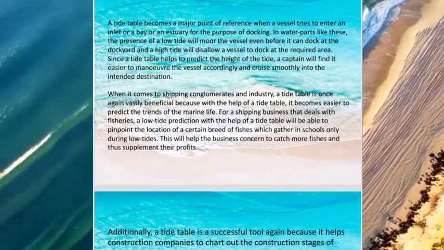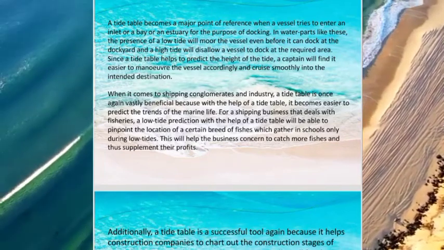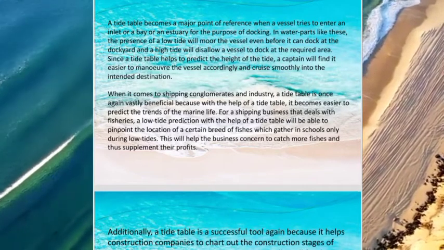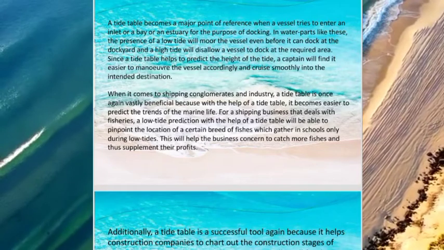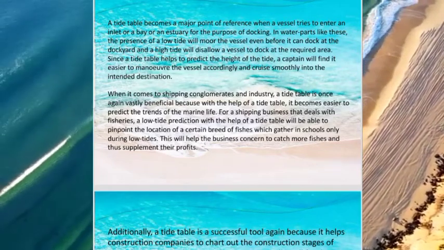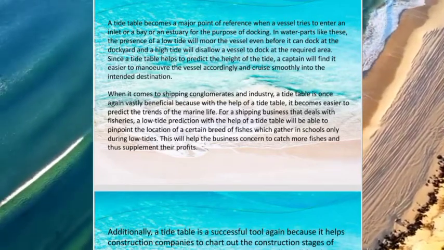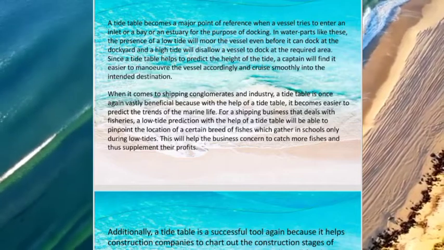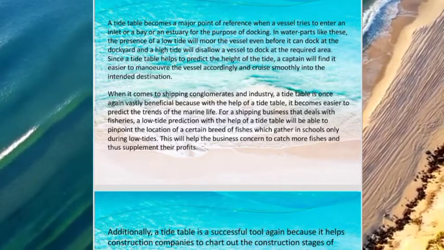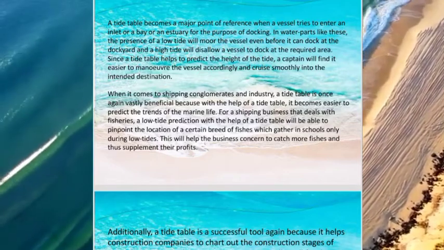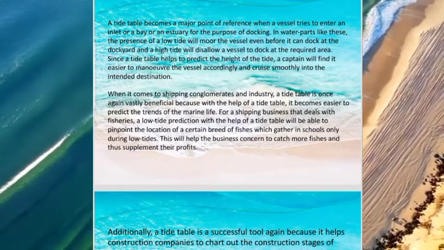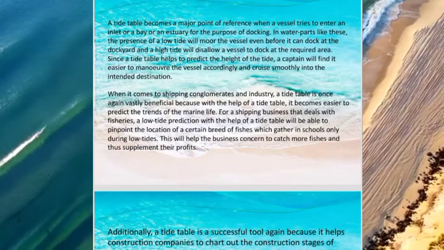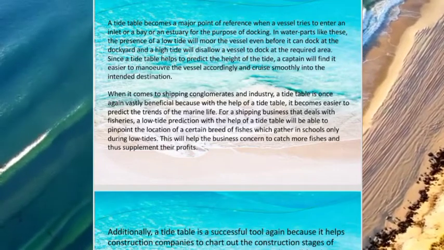For a shipping business that deals with fisheries, a low tide prediction with the help of a tide table will be able to pinpoint the location of a certain breed of fishes which gather in schools only during low tides. This will help the business concerned to catch more fish and thus supplement their profit.